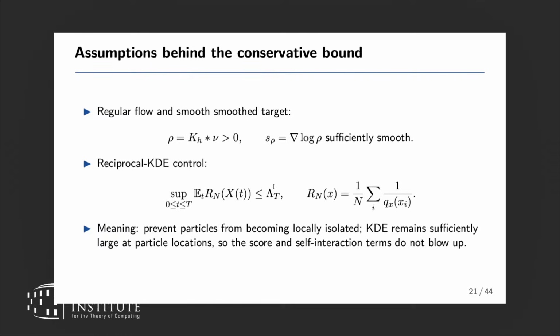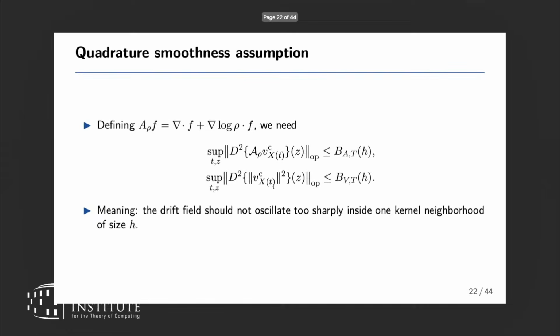So this is an assumption which essentially is trying to tell that the KDE remains sufficiently large at every particle location, so that the score and the interaction term do not really blow up. So the particles are also not getting isolated in the field, right?